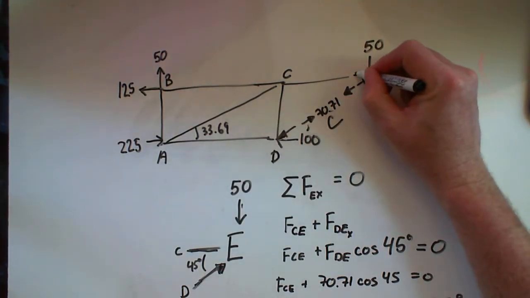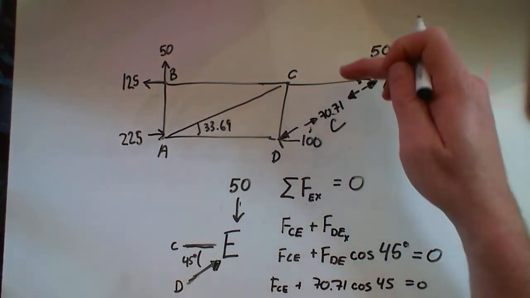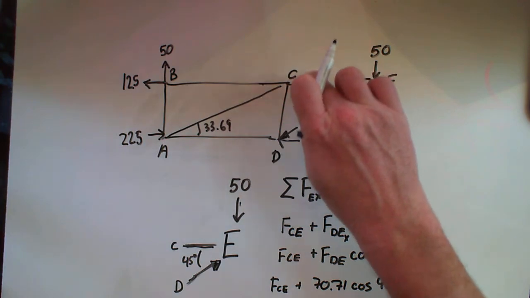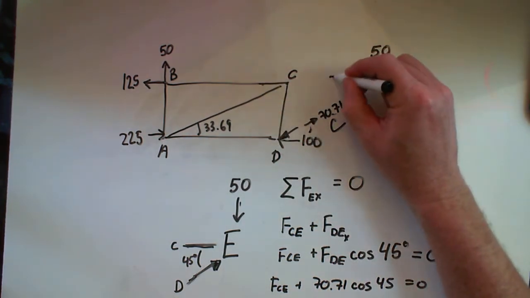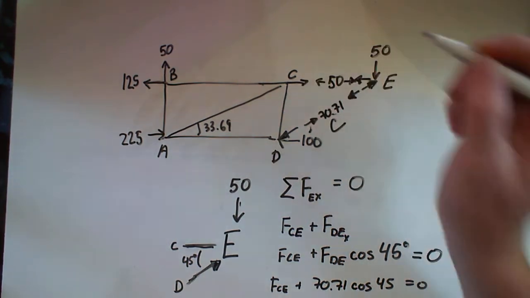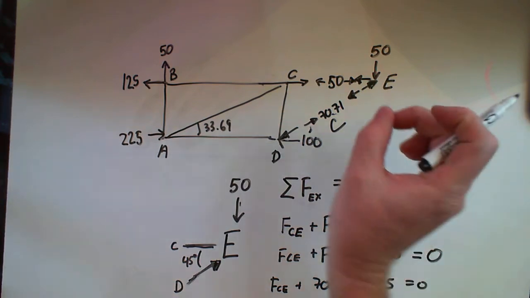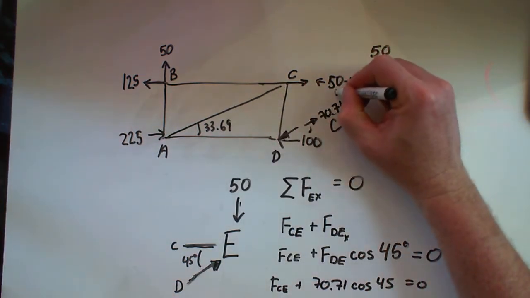So at my node, it's negative, so it's pointing away from the node in the negative direction. In the member, it's pointing back that way. So we have 50. Putting in all my little arrows, since that 50 has arrows going away from it, that is going to be 50 tension.